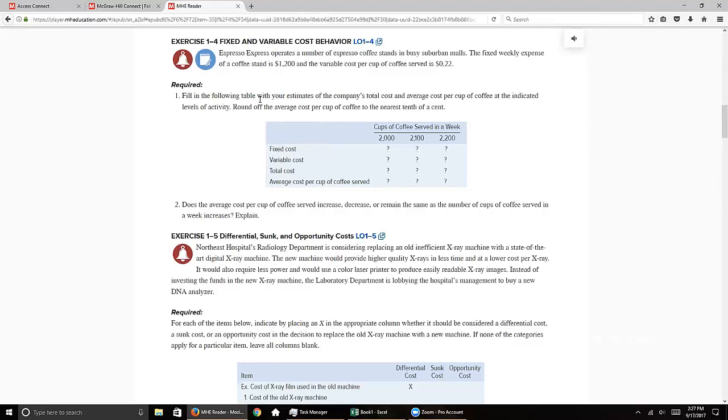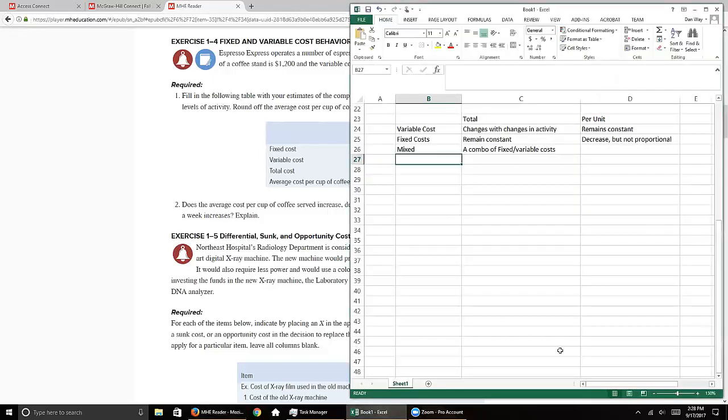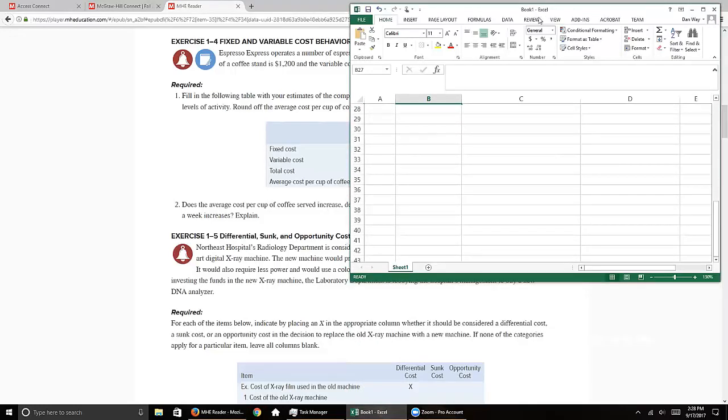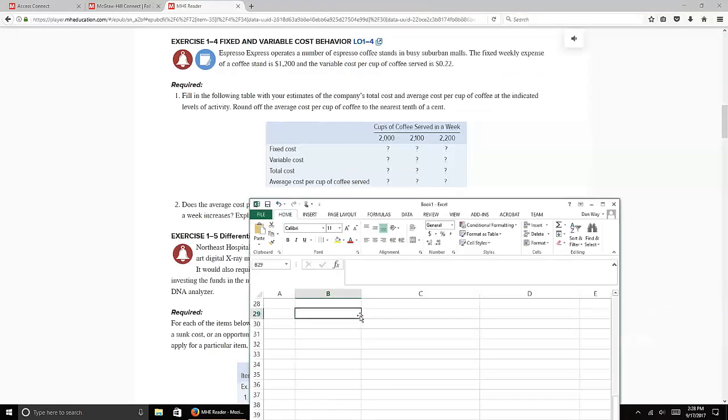They want us to fill in this table with our estimates of the company's total cost and average cost per cup of coffee at these different levels of activity. We're going to round off to a tenth of a cent if we need to. So I'll pull it down here. We had the fixed component, the variable component, total, and then average per cup.